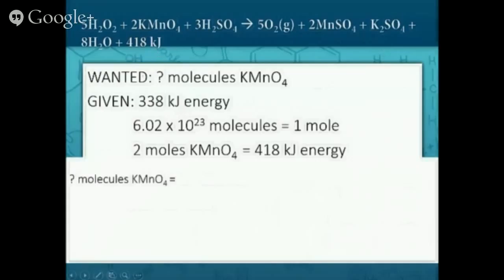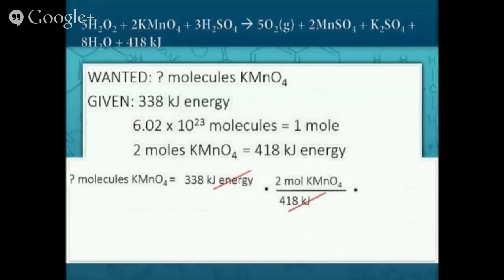Setting up our problem, question mark wanted, question mark molecules of potassium permanganate is equal to 338 kilojoules of energy, dot line. To cancel out the units, kilojoules, we're going to put in our conversion factor 418 kilojoules in the denominator, which is equal to 2 moles of potassium permanganate in the numerator.